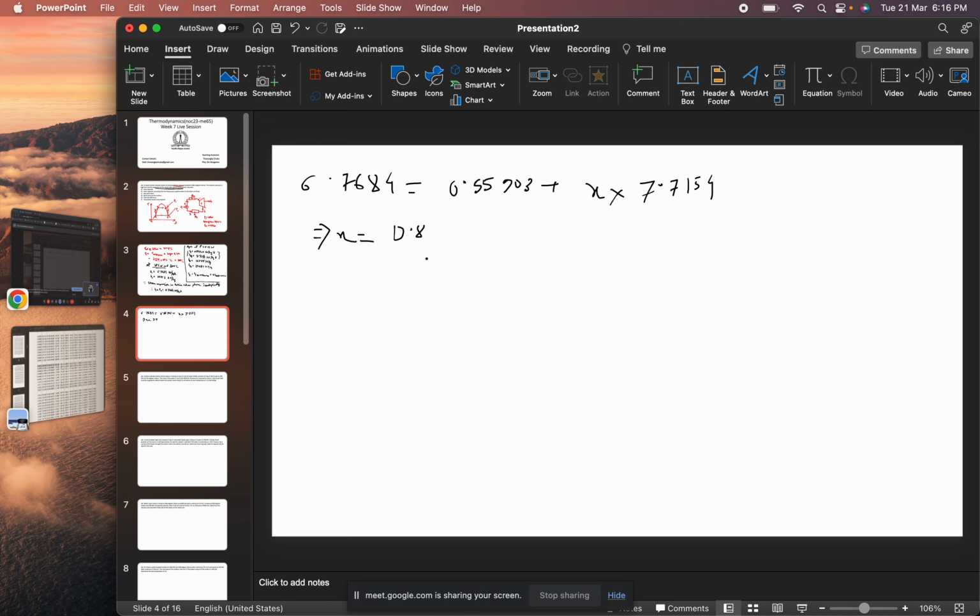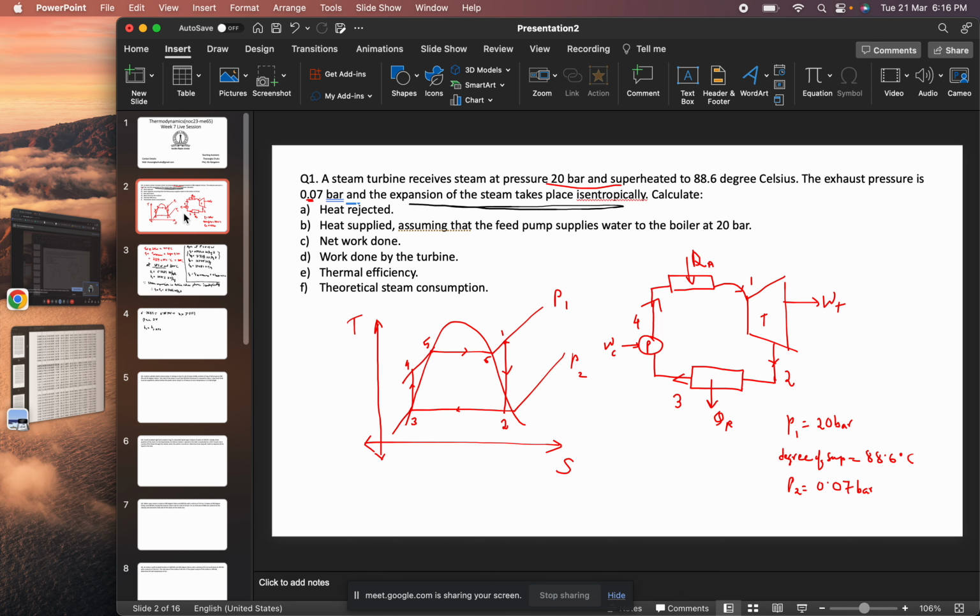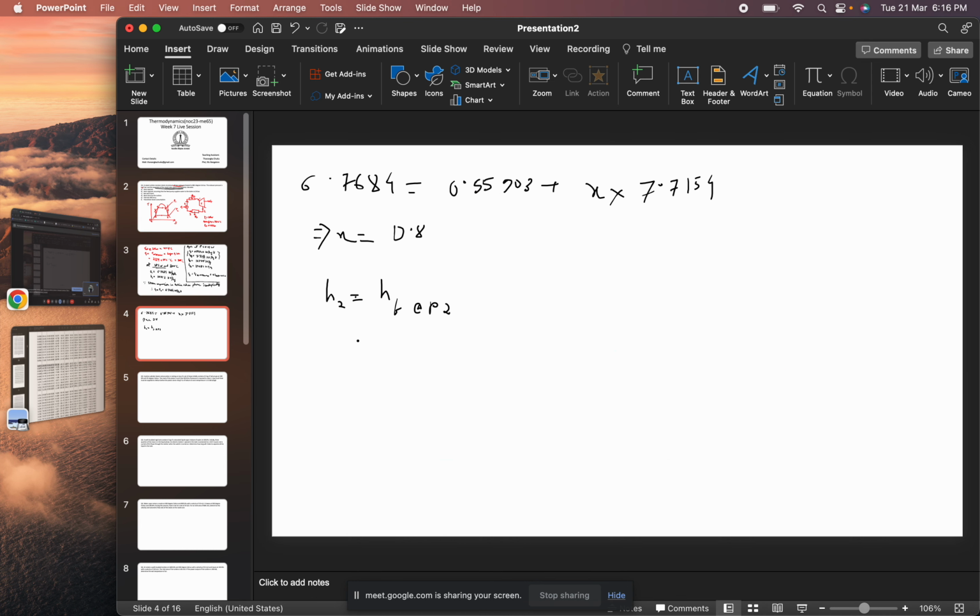Now what I can do is calculate H2. So H2 is basically HF at P2 plus x times HFG at P2.